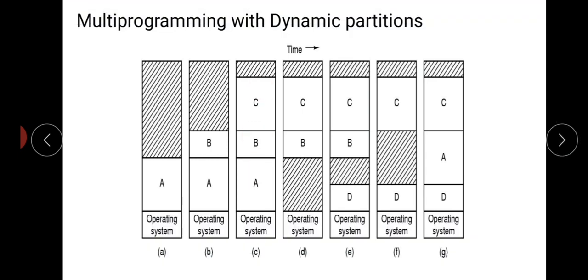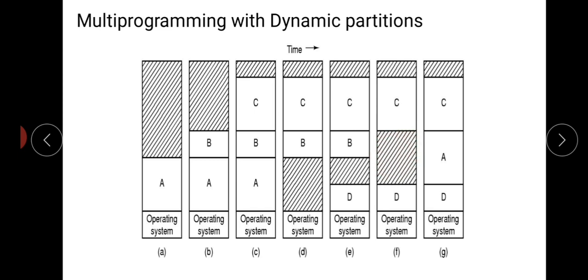Next, A is finishing its process, so this partition will be free. Now we only have B and C. Next, suppose process D is coming and it requires only this amount of memory, so it occupies this memory space, and then B also completes its task, so this memory will also be free. These two continuous memory blocks will be merged and a single block will be created.